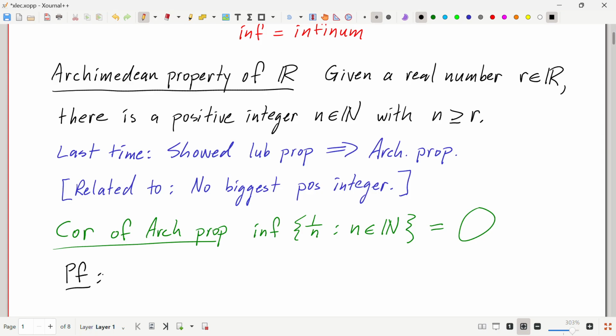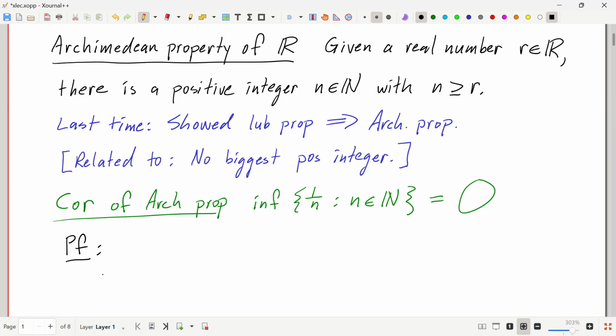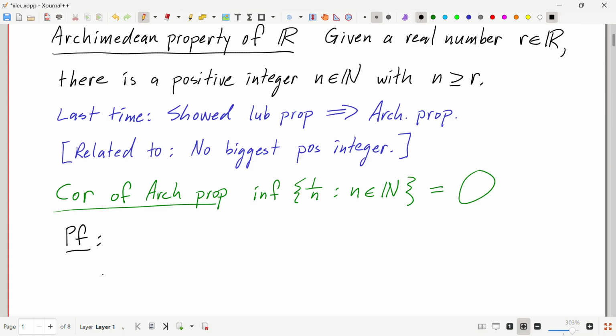I'm going to try to do streamlined demonstrations of these things, so you should read the book carefully to make sure you swallow the book, the way the book does it. Let's see. Oh, let's call this set S. Capital S. Notice that S is bounded below by 0.